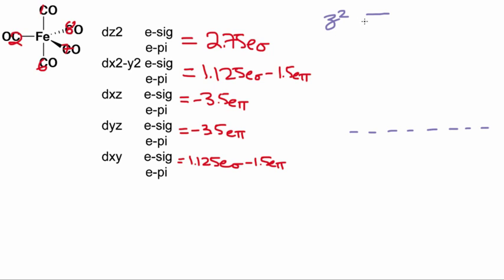And so we can see that the energy difference in this case right here is going to be a value of 2.75 e sigma. The next orbital set that we can then draw is going to be the dx squared minus y squared and the dxy. Both of these will have the same change in energy of 1.125 e sigma minus 1.5 e pi.